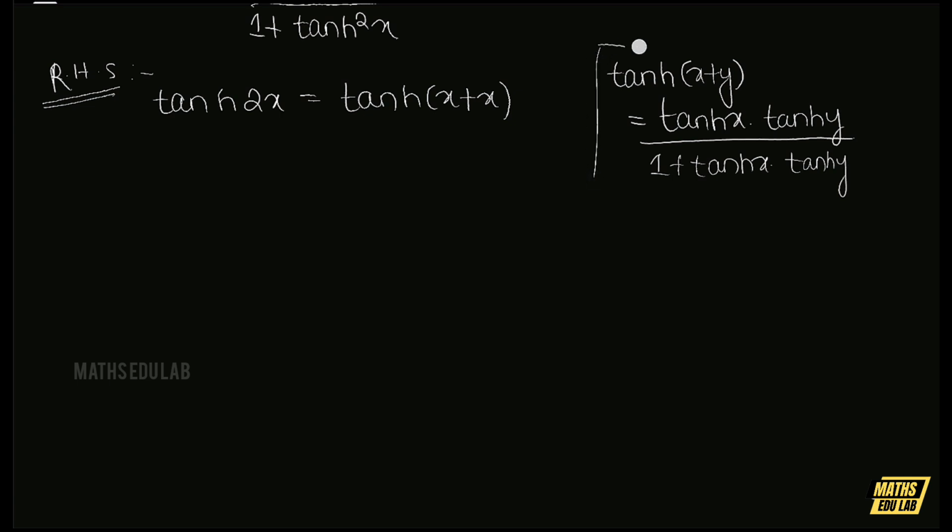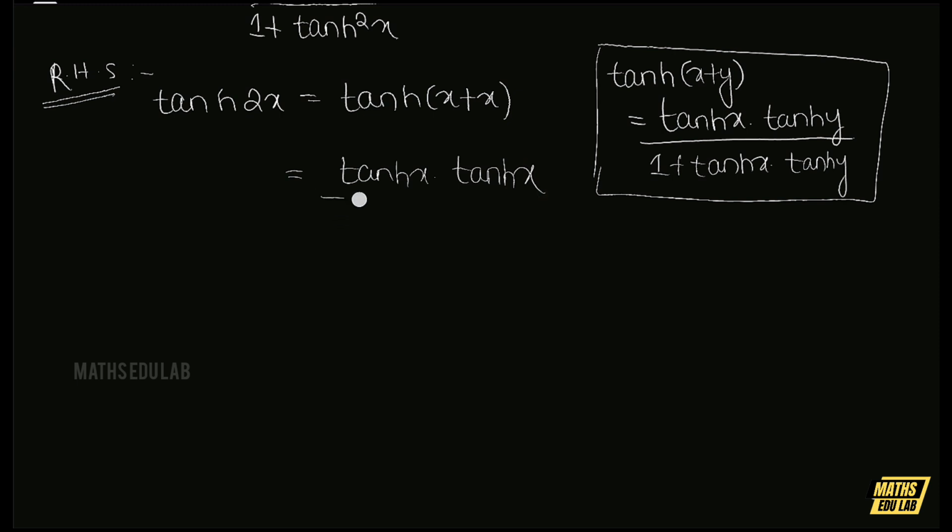So this is one of the identities of hyperbolic functions. By using that, we can write it as tan hyperbolic x plus tan hyperbolic x upon, since here we have x and y values, I have written here x and here y.